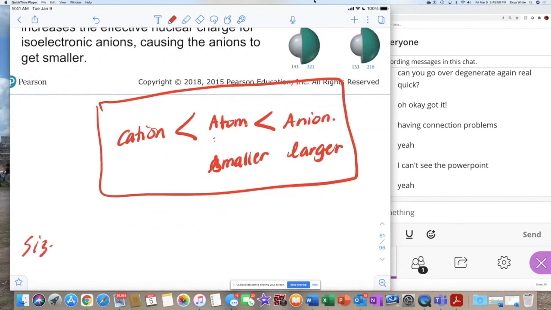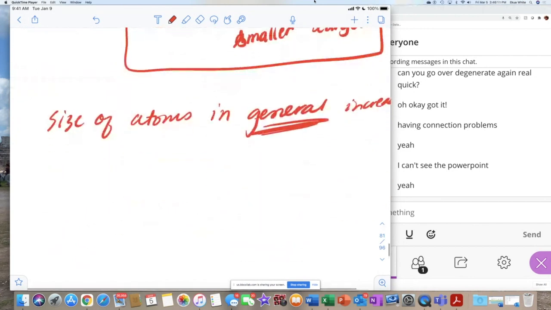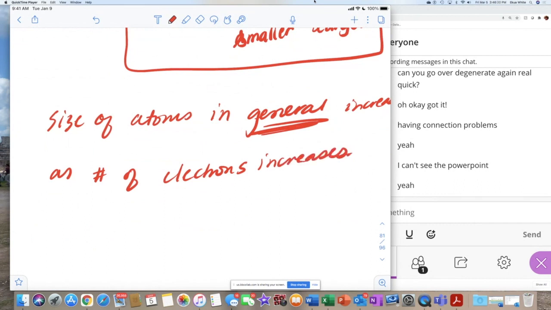Remember, size of atoms, in general, this is very general, increase as number of electrons increase. And this is a very, very general statement. Increase, right? How do I spell increase? I'm obsessed over the spelling.